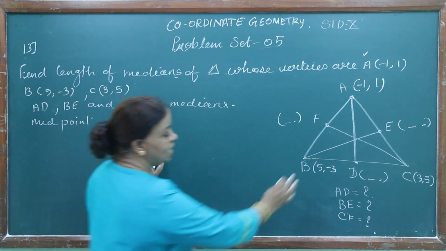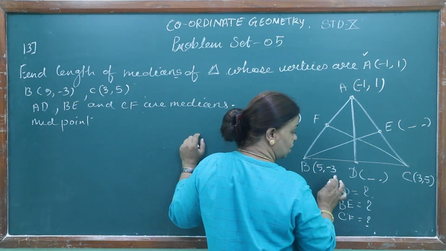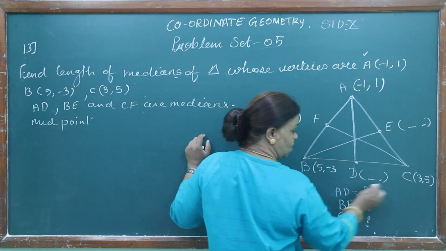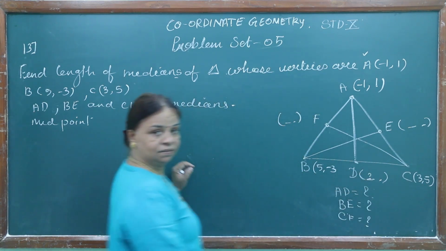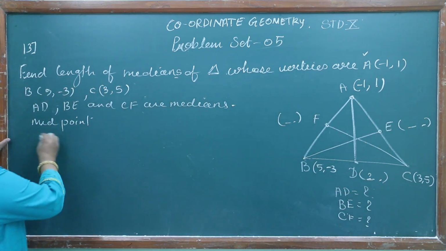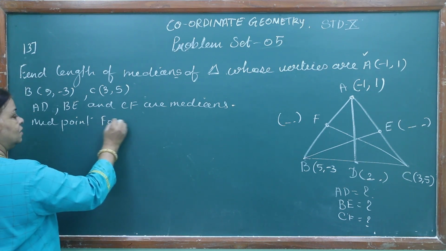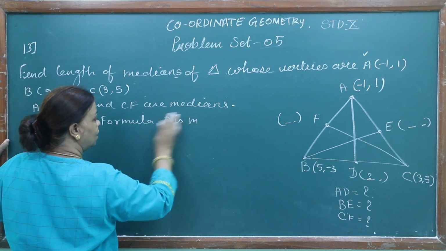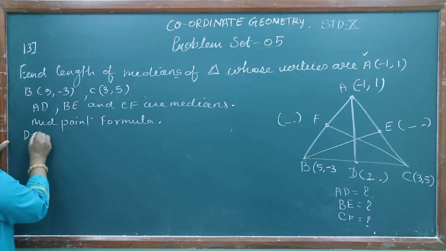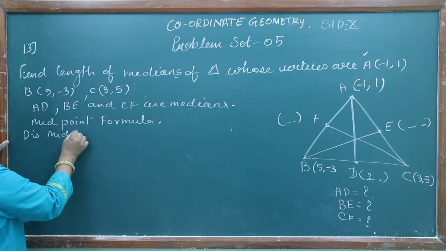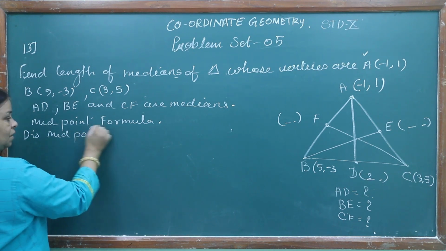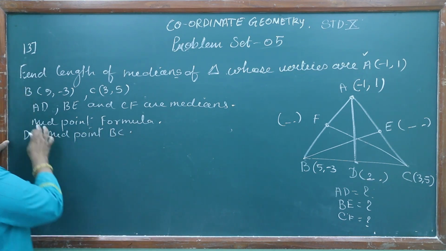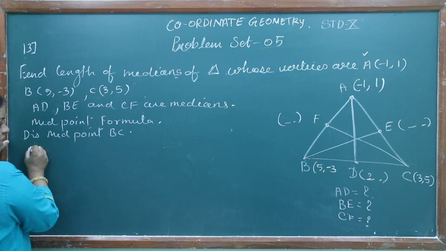See, D is the midpoint and we know the coordinate of B and we know the coordinate of C. We can get the coordinate of D by midpoint formula. D is midpoint of BC. So therefore by midpoint formula, let us find out.